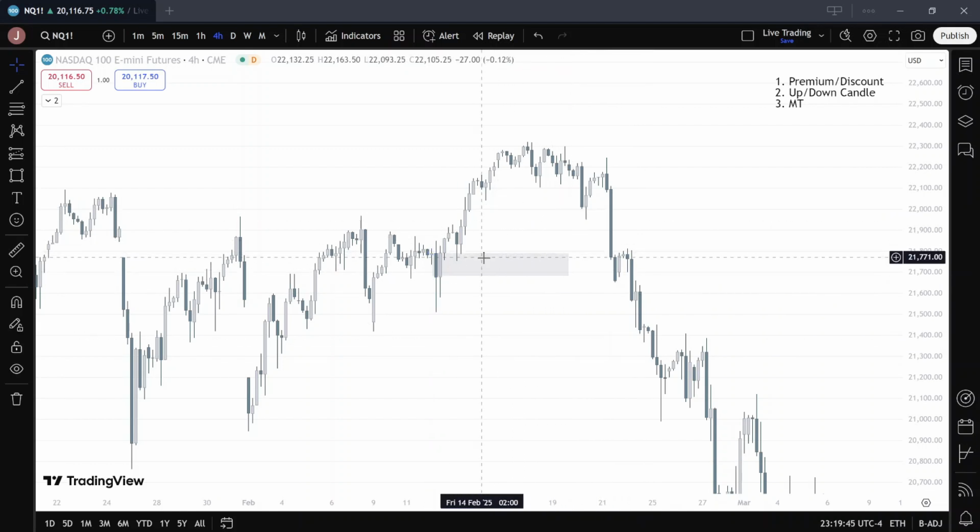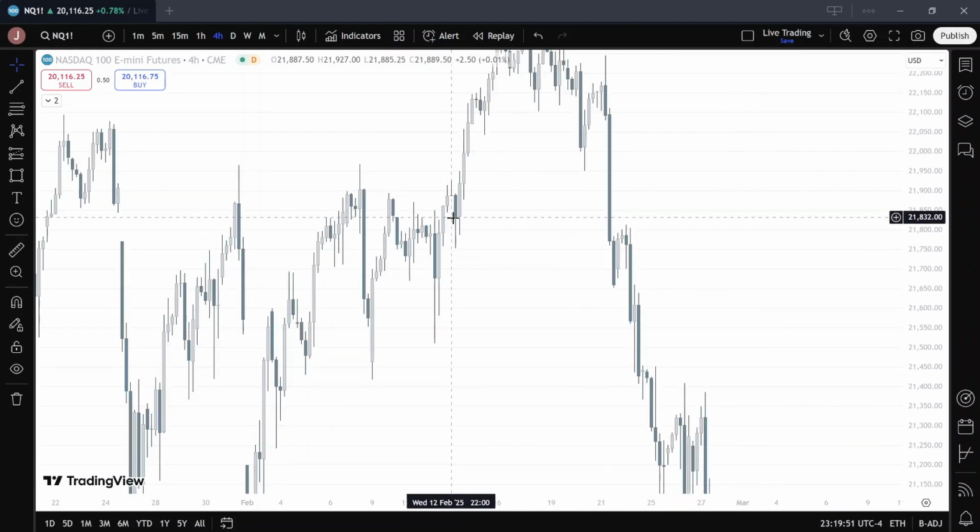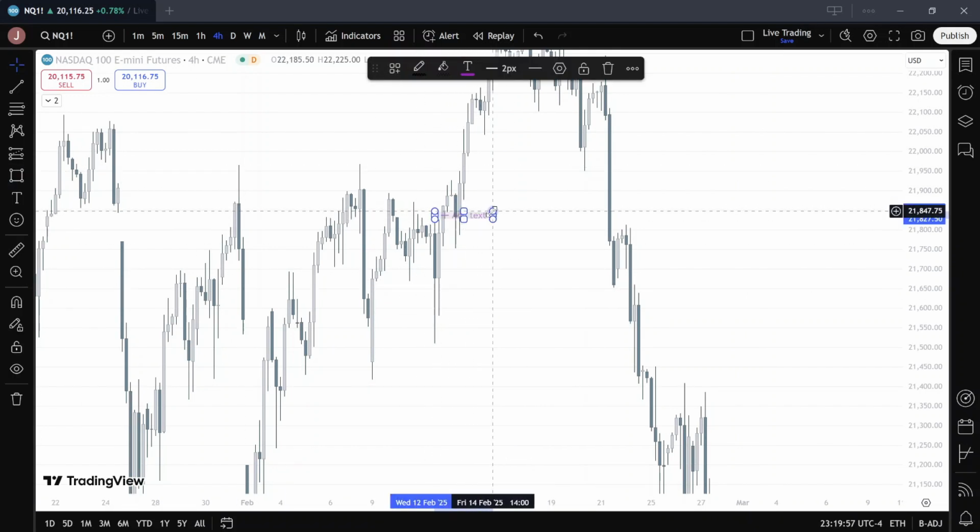And here's a little golden nugget for you. If you realize that this wick right here is overlapping with a fair value gap, well, now you might not know what a fair value gap is right now, but you will learn it in the future, so don't worry. Once you learn fair value gaps, come back to this video and this will make a lot more sense.